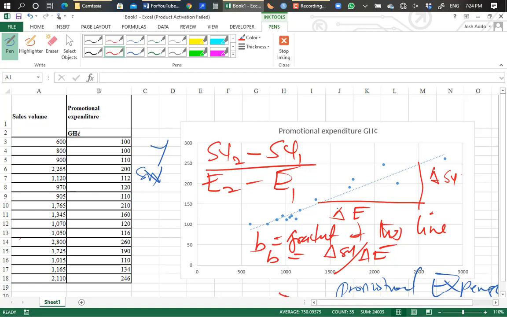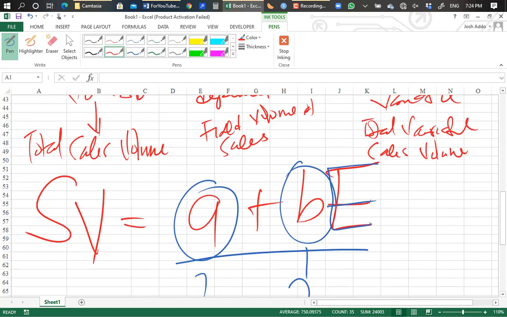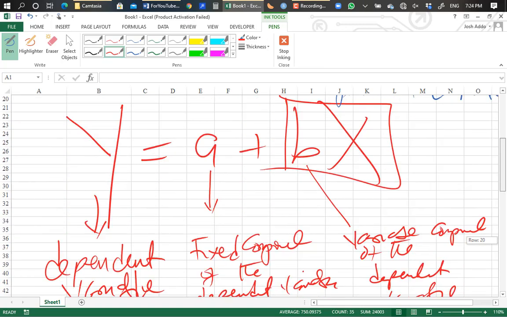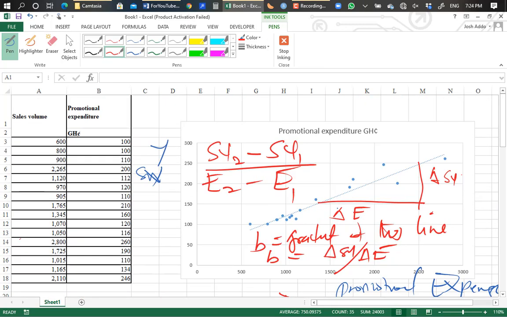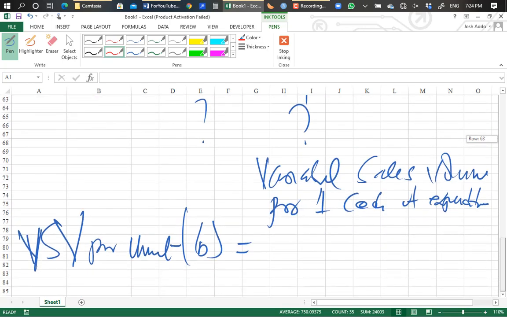So it's going to be sales volume 2 minus sales volume 1, all divided by expenditure 2 minus expenditure 1. It follows simply from mathematics. I don't think this should be a problem. Okay, so that's it. That's what took me to that lengthy discussion.